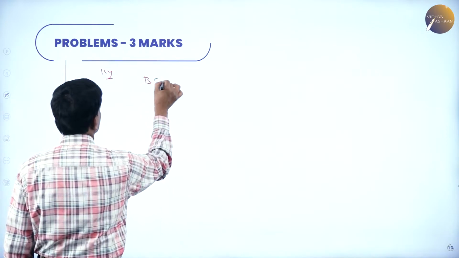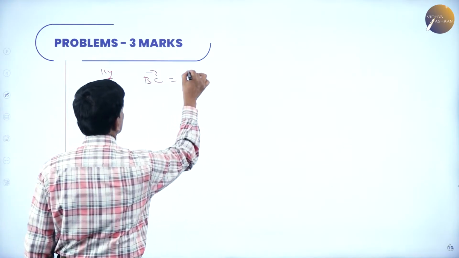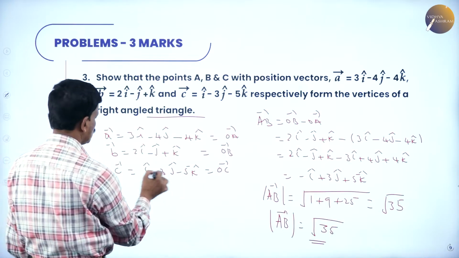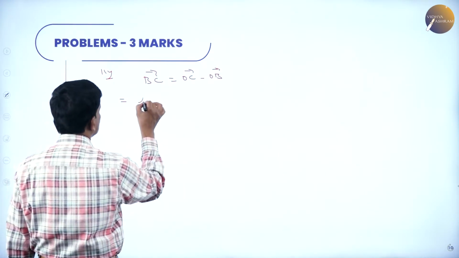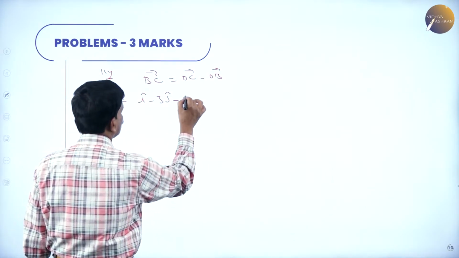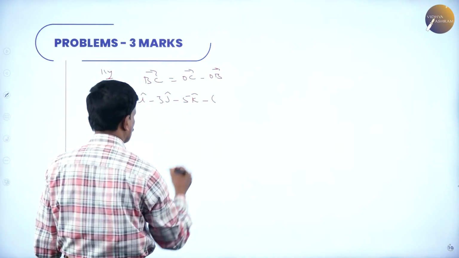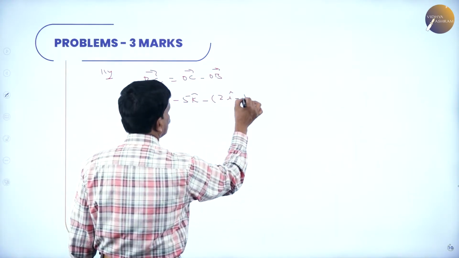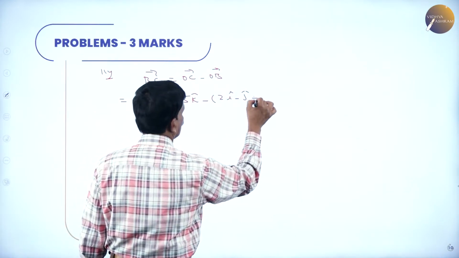Similarly, find out vector BC. BC is equal to OC minus OB vector. What is OC? This is OC: i minus 3j minus 5k cap, minus OB. OB is 2i minus j plus k cap.